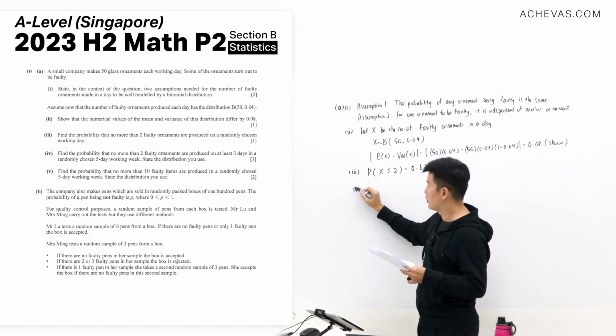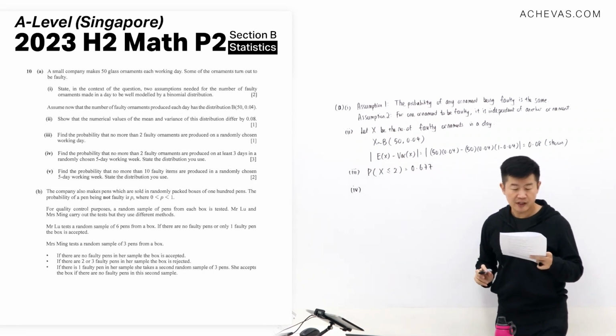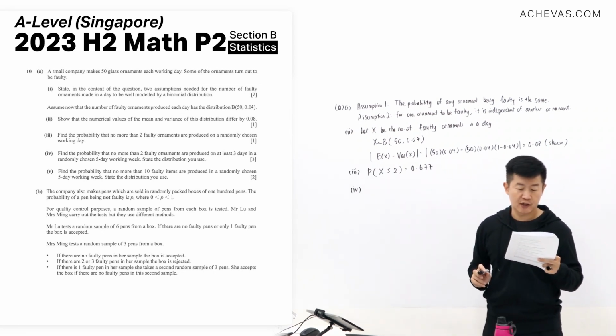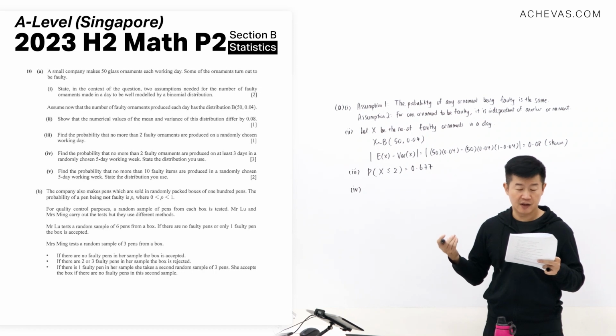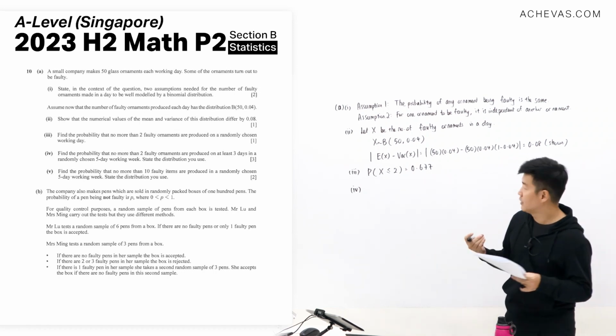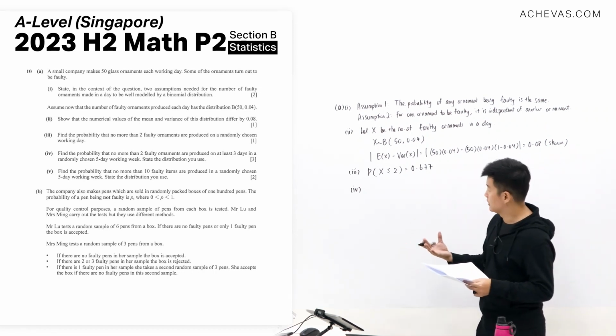And for part 4, we want to find the probability that there are no more than 2 faulty ornaments that are produced on at least 3 days in a randomly chosen 5-day working week. So we are looking at another binomial distribution.